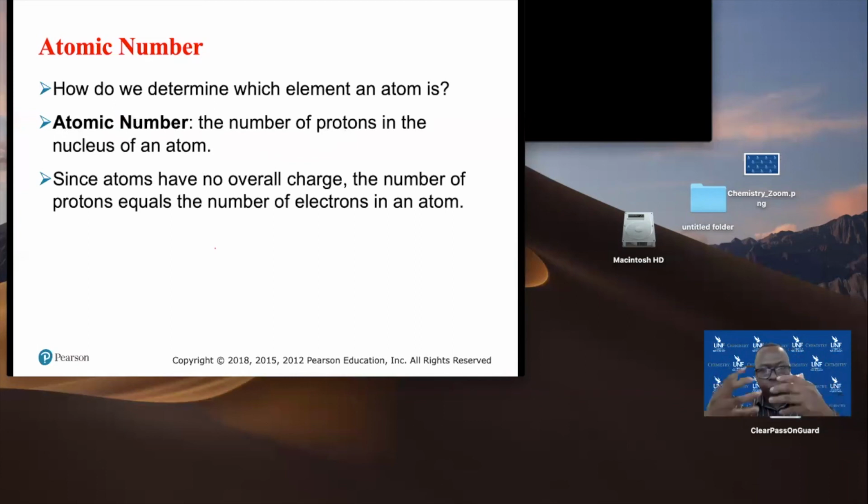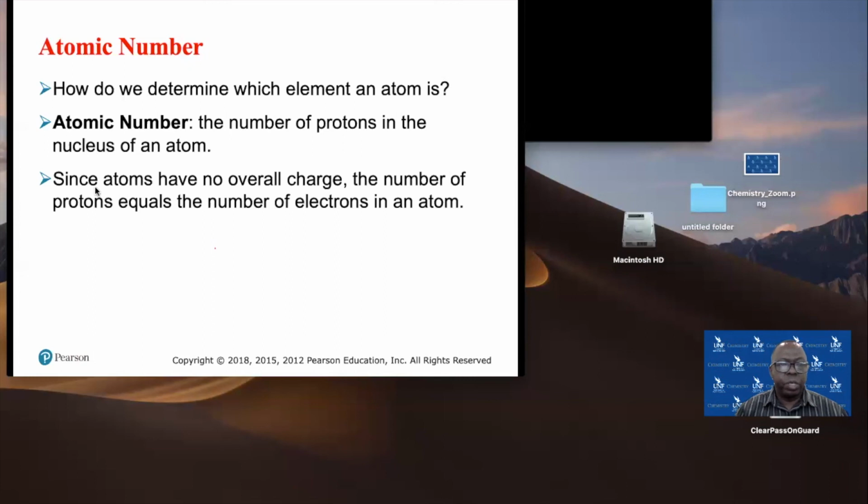You don't need to memorize the number of protons for each element on the periodic table. If I know the position, that is the number of protons: the atomic number equals the number of protons.